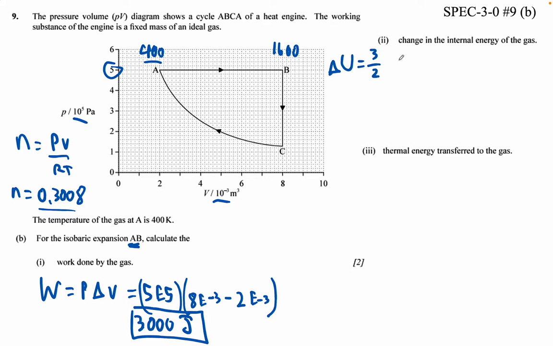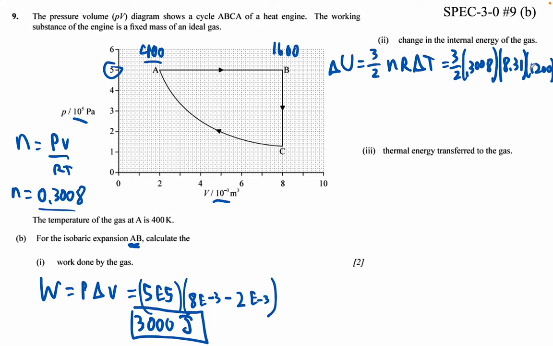So I can find the change in internal energy using this. Change in internal energy is 3/2 nR change in temperature. So it's 3/2 times 0.3008 times 8.31, and our change in temperature from 400 to 1,600 is 1,200, an increase, positive 1,200.